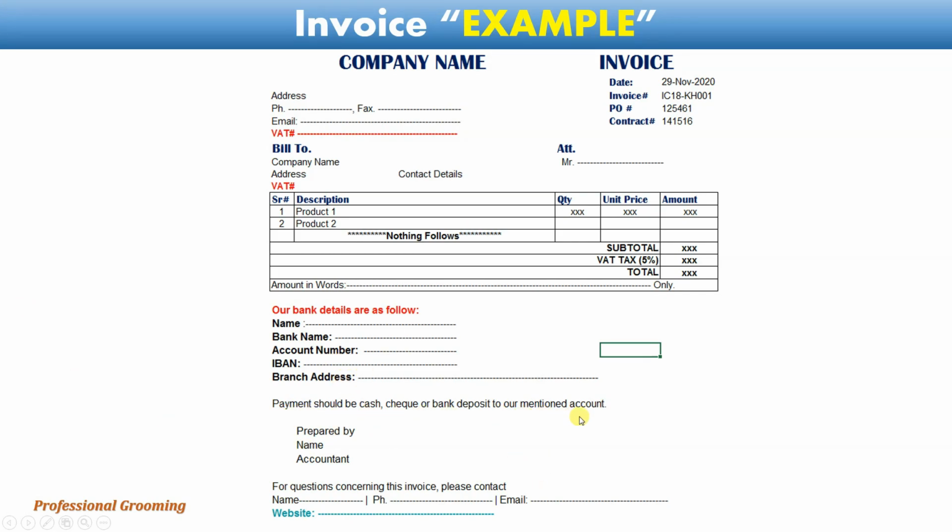You should mention here the payment terms: cash, check or bank deposit to our mentioned account. Prepared by, sign and stamp here. So this is the invoice format. When you are going to sell your goods on credit, you should prepare an invoice like this and send it to the customer. You can send this invoice originally and you can send this invoice by email.